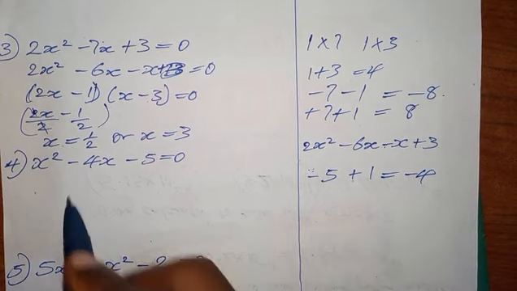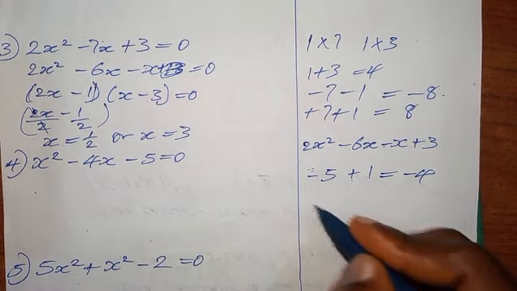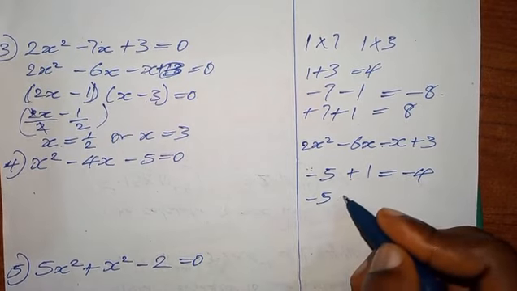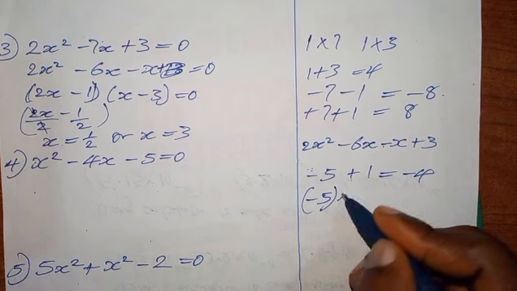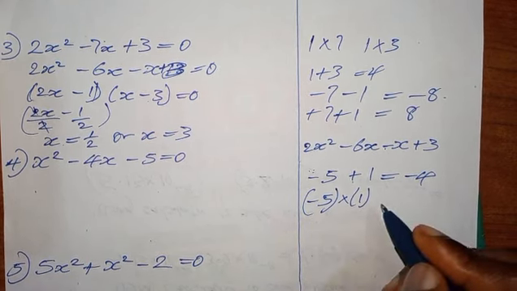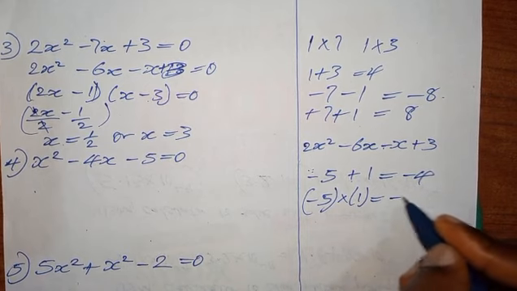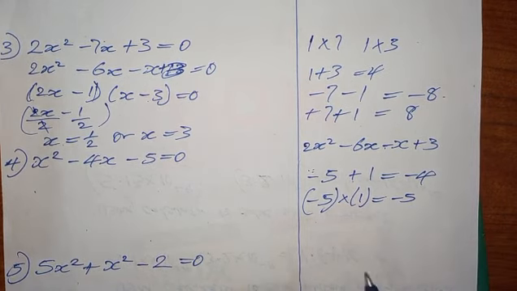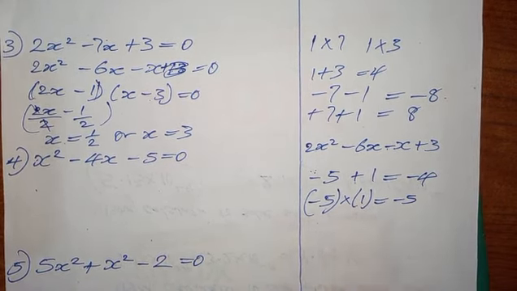That's the addition, so it gives you minus 4. Let's do it again. Minus 5 times 1. Any number multiplied by 1 is that number, so it equals minus 5. So those two numbers are minus 5 and plus 1.